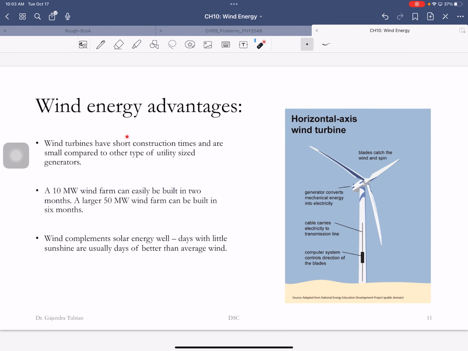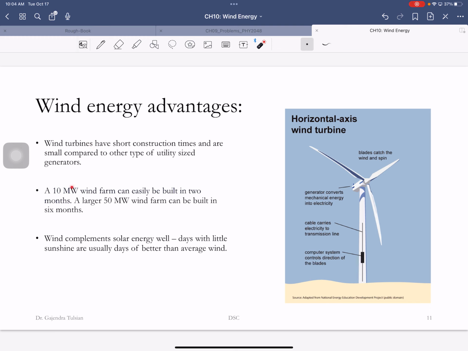Wind turbines have short construction times and are small compared to other types of utility-sized generators. Utility-sized generators can produce as much electricity as the Hoover Dam.